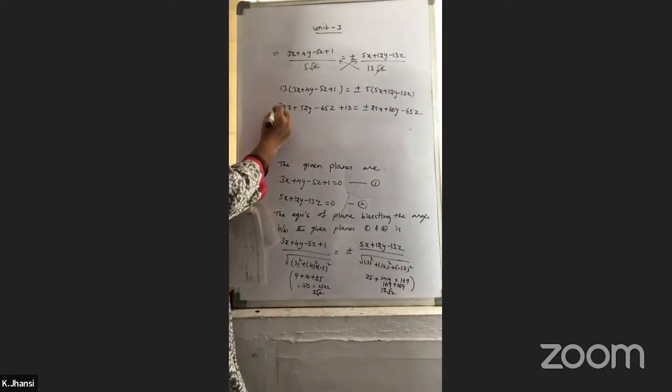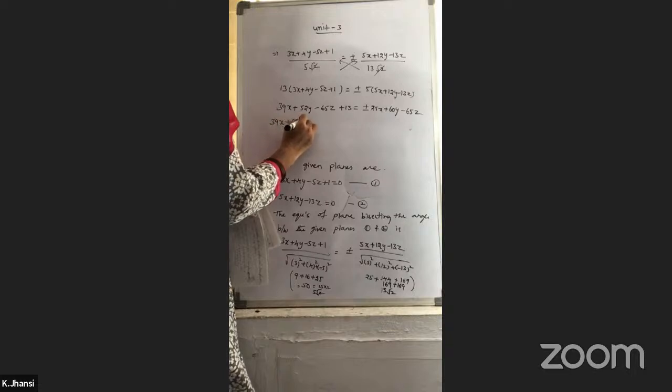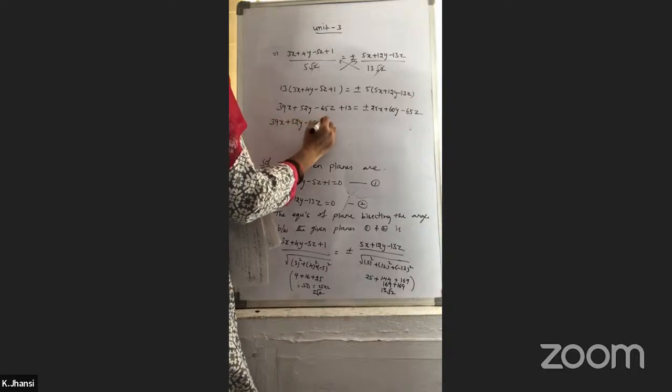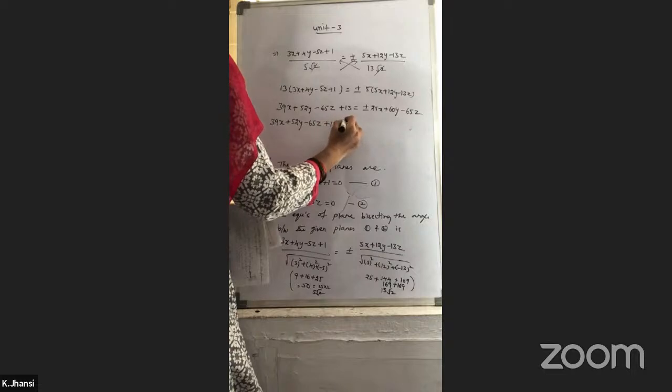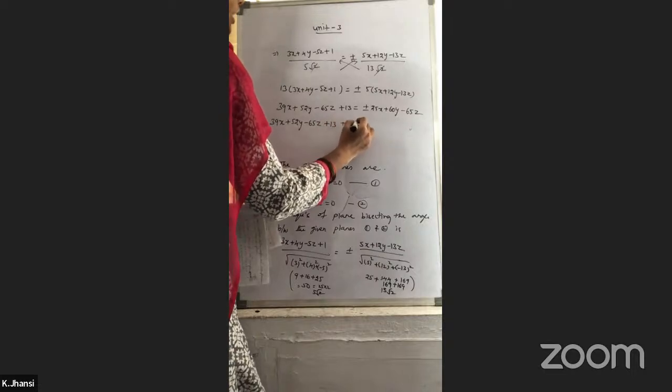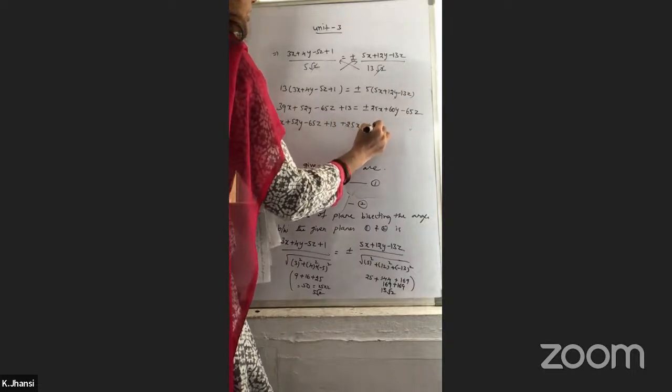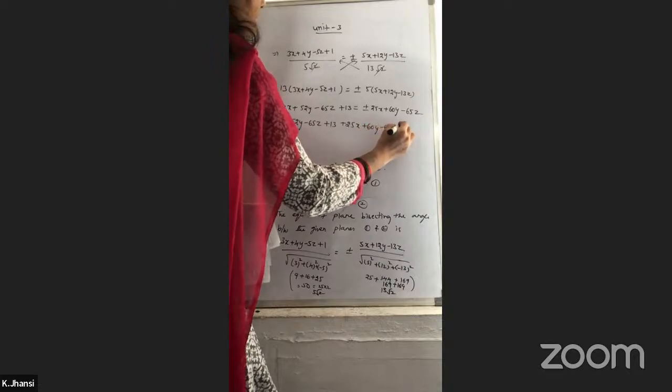Now, with these two equations, first you add and second, if you do the subtraction, you'll get two more equations. When you add, 39x plus 52y minus 65z plus 13 plus 25x plus 60y minus 65z.